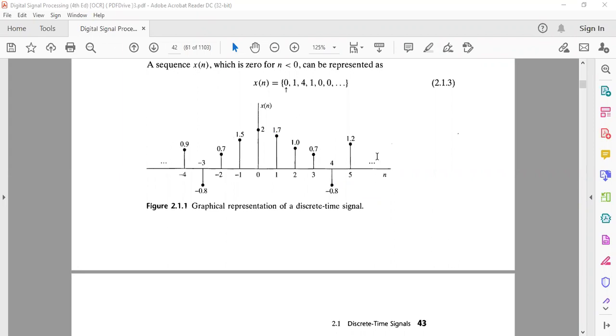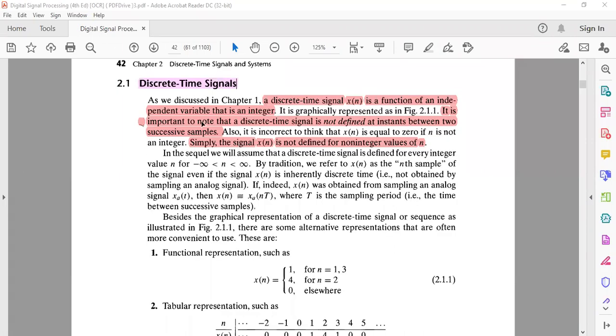We're still defining a discrete signal. It is important to note that a discrete time signal is not defined at instants between 2 successive samples. That is exactly what we have said. Between 2 samples, this signal is not defined, and you do not know what the value was, and you should not ever think of approximating it. It is incorrect to think that x[n] is equal to 0 if n is not an integer.